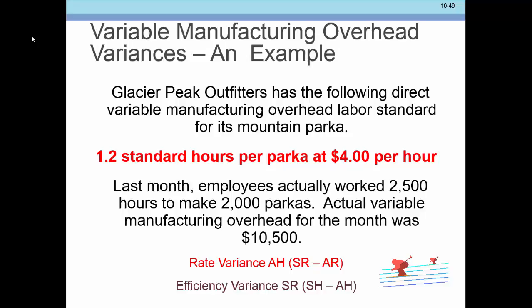Okay, good. So we've got 2,500 times the minus 0.20, which gives us negative 500, and so it's unfavorable, right?